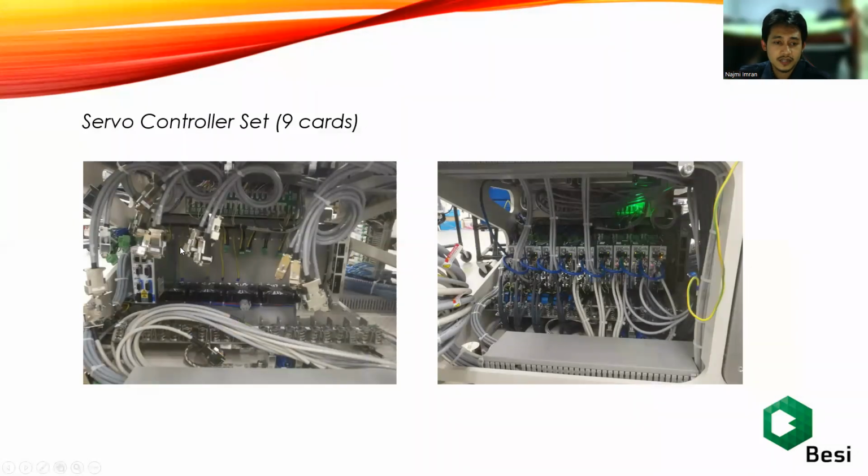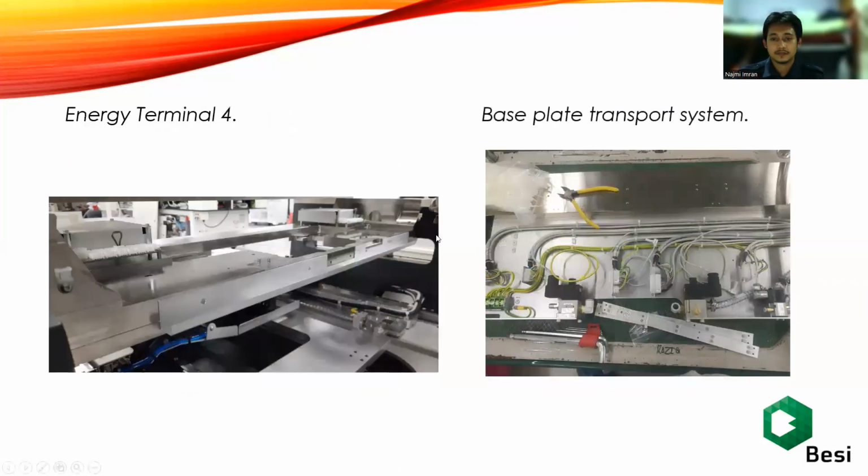As you can see, this is the slot where we put all 9 controller sets. In the next picture, you can see I have already put in all 9 servo controllers and completed all the wiring and the grounding. This is before and this is after.